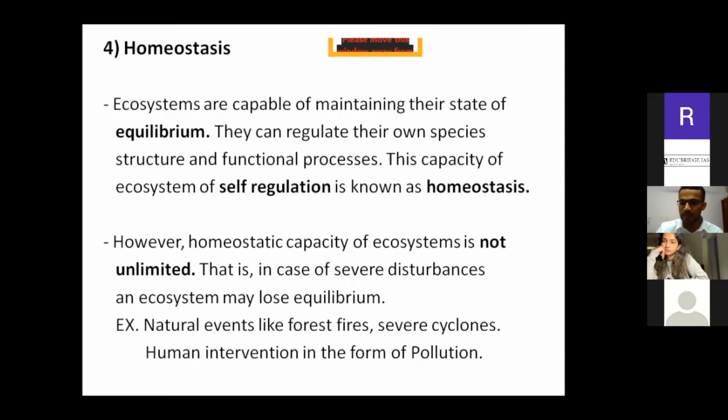If a particular habitat is not meant for certain species, and that species is introduced in that habitat, then that species may eventually wipe out naturally occurring plant or animal species by using the resources available in that habitat and by depriving the naturally occurring organisms of those resources. Right? So even alien or invasive species may disturb the homeostatic ability of the ecosystem.